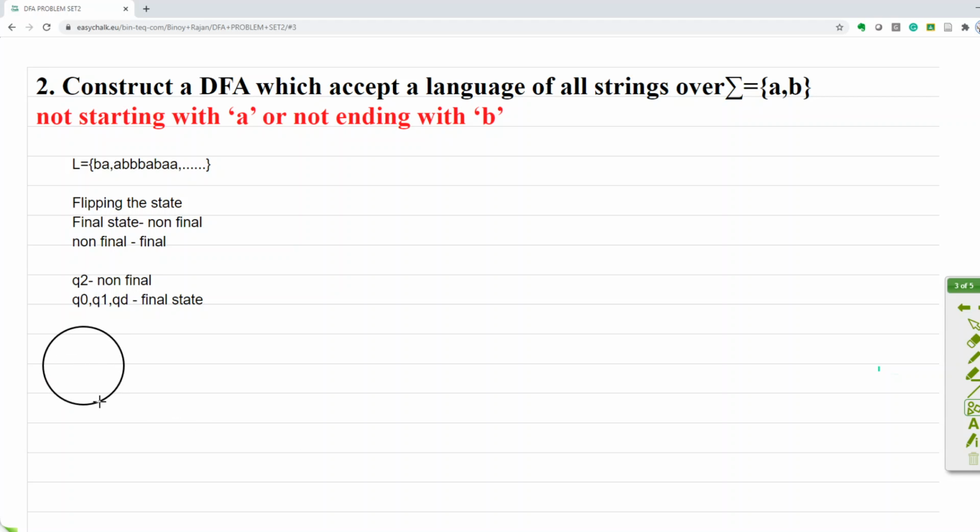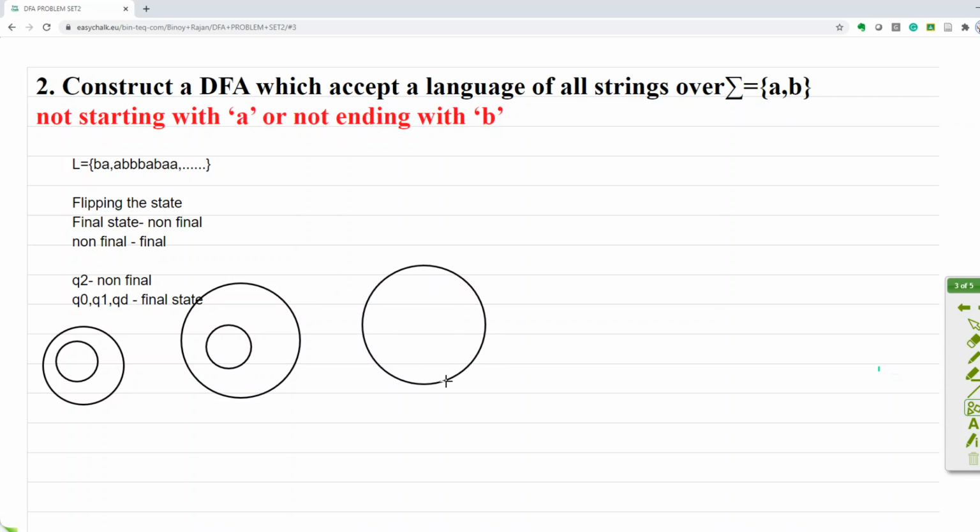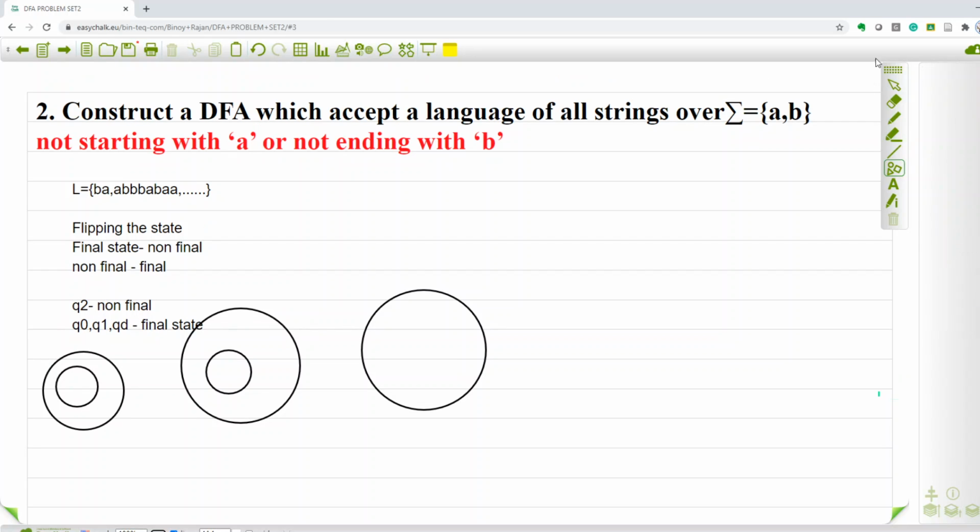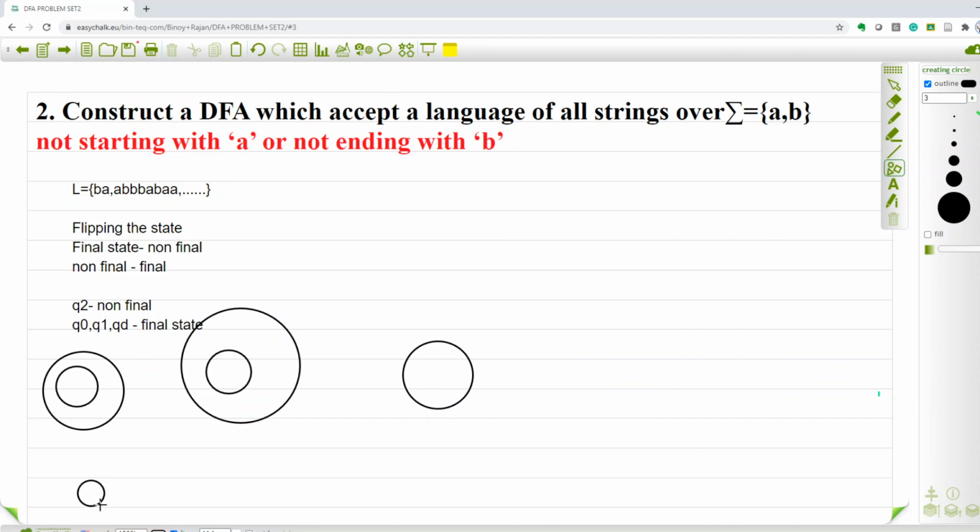So we have Q0 as final state and initial state, Q1 as a final state, and Q2, which is a non-final state, and we have QD as a final state.